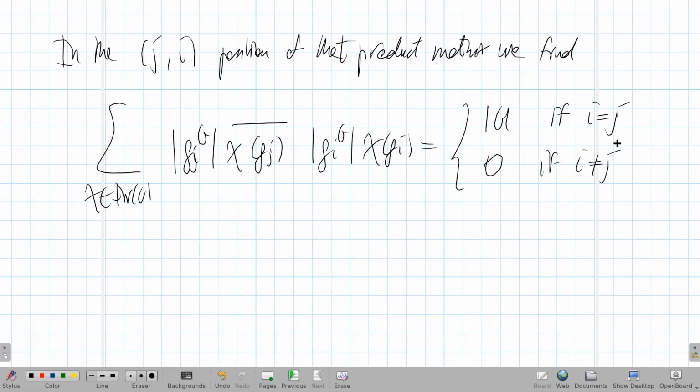You can reformulate this in a different way, because what we are telling is that if we are taking the same conjugacy class, then you obtain the order of G. If you're taking two different conjugacy classes, which means two different rows and columns, you get 0. So another way of putting this is to say that the sum over the irreducible characters of chi of Z conjugate, chi of W.